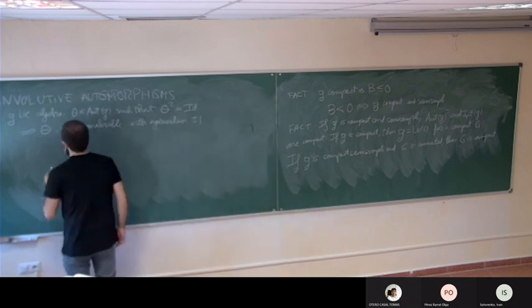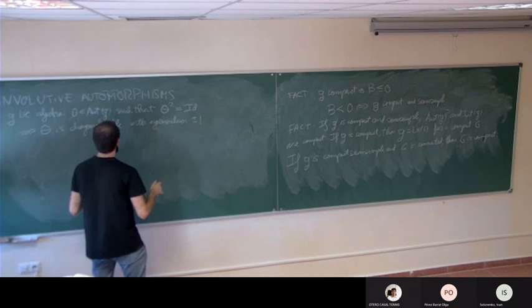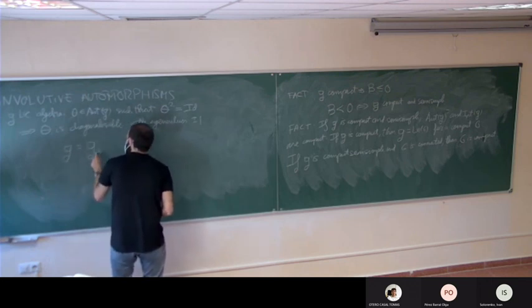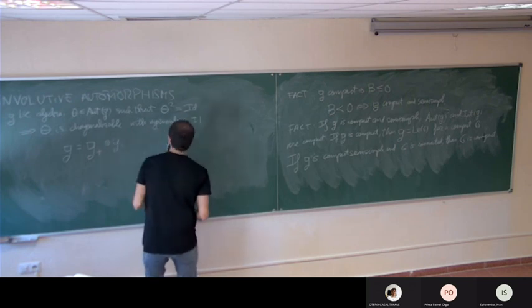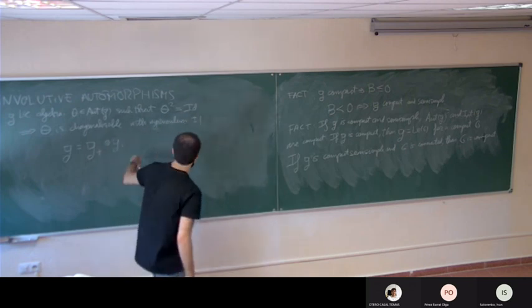So because of this being diagonalizable, we have that G must be the sum of two subspaces, which are in reality the eigenspaces for theta.